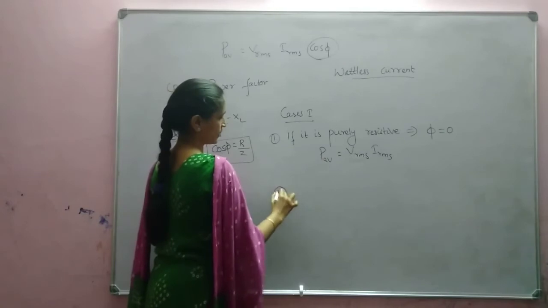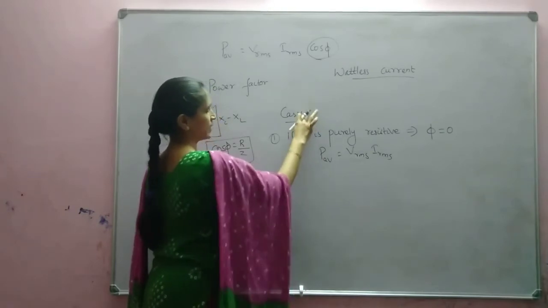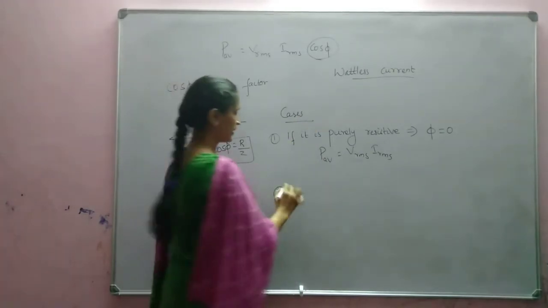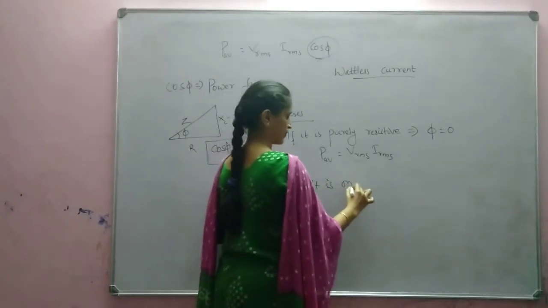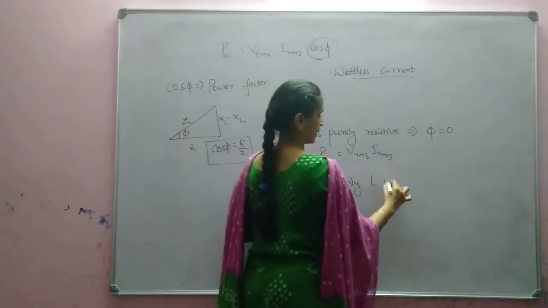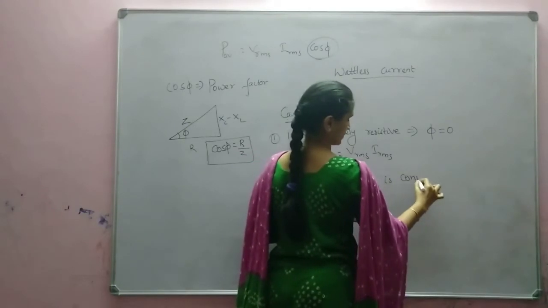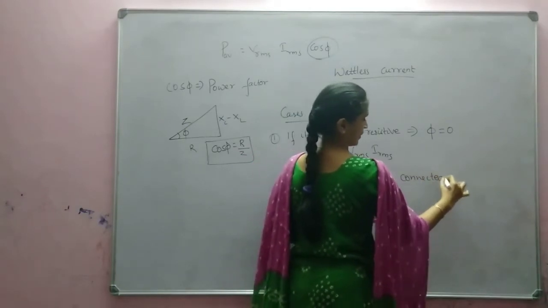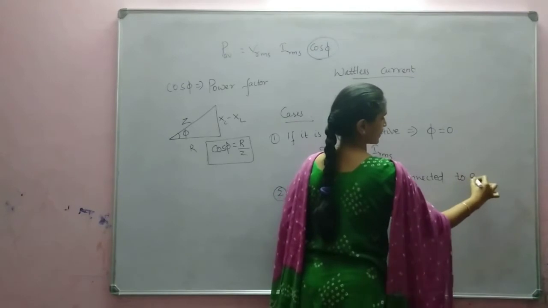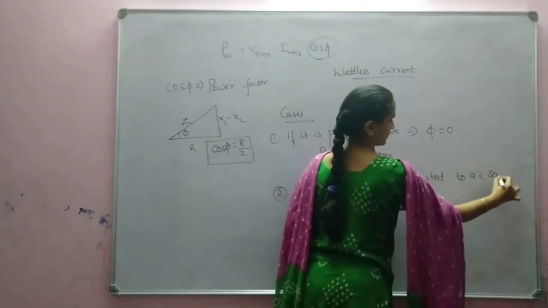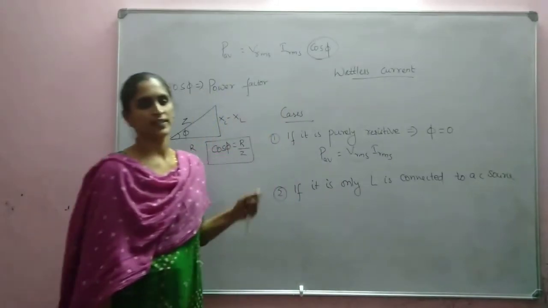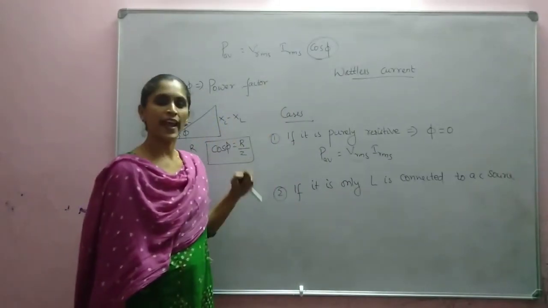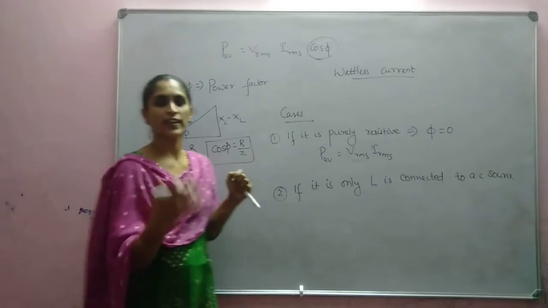In the second case, different cases we can see, if only L is connected to an AC source. In that case what happens? Does voltage lag current or voltage lead current?